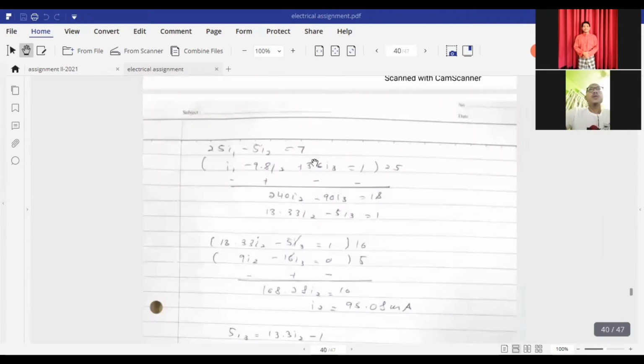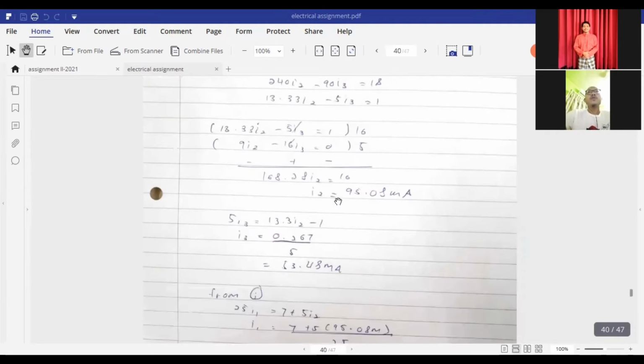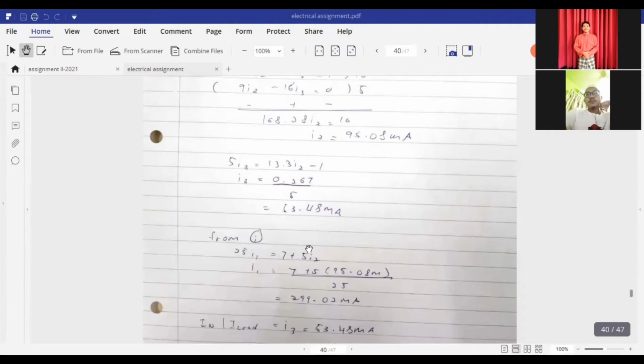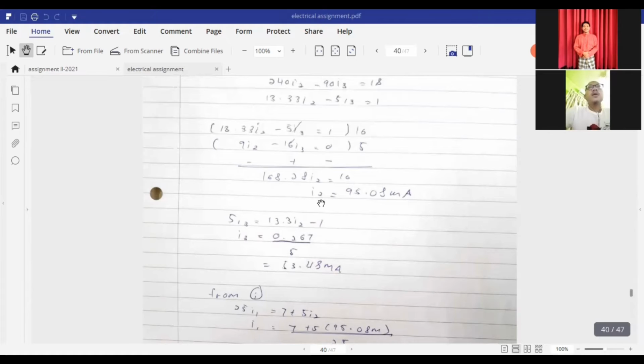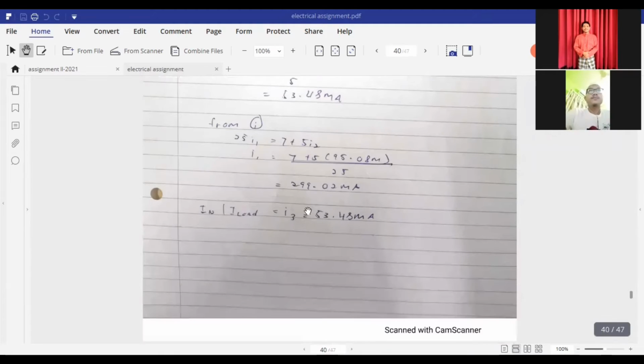From these equations, we solve to get I1, I2, I3. We get I1 299.02 milliampere. For the I2, 95.08 milliampere. Last one, I3, 53.48 milliampere.